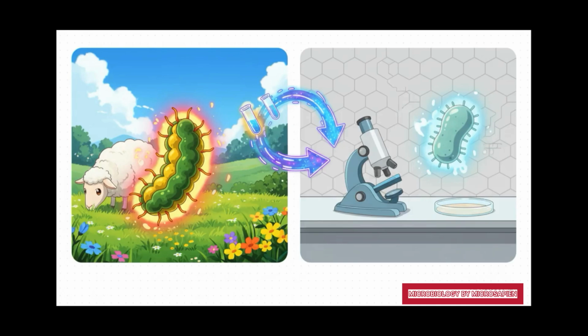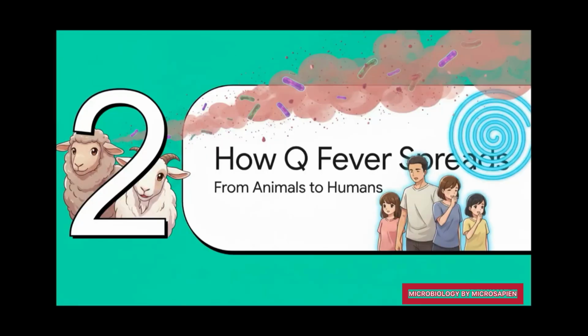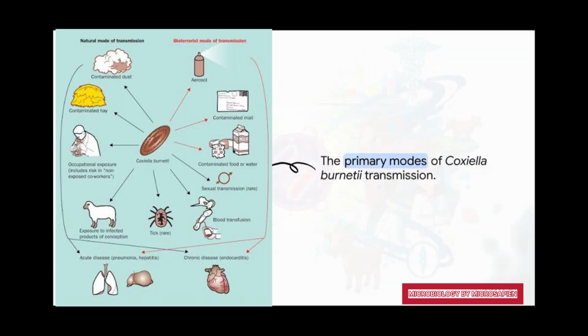Super important. So, how does this clever little intracellular bug make the jump from animals to us? Well, understanding the transmission route is absolutely key to figuring out which of your patients are at risk. This diagram lays it out perfectly. The main way people get this is through inhaling contaminated aerosols or dust. See, the bacteria are shed in absolutely massive quantities in the birth products of infected livestock.